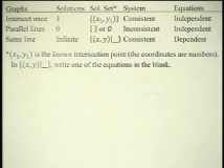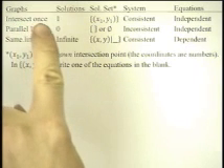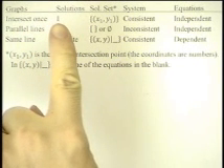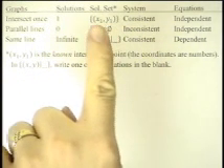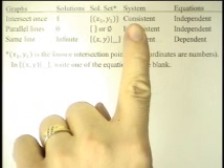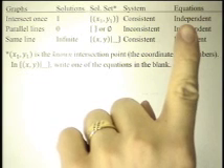Here are three types of systems we can have. If the system represents lines that intersect once, then that one intersection point is the solution. The solution set is that one point. The system is said to be consistent because it has a solution, and the equations are independent.